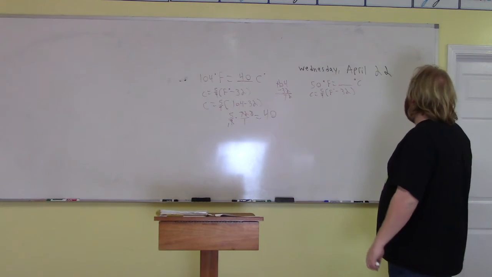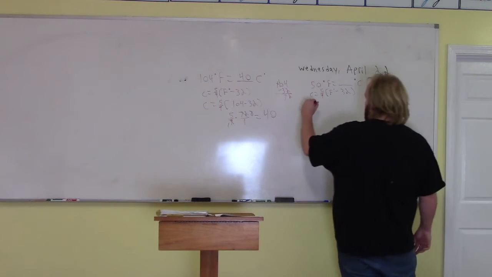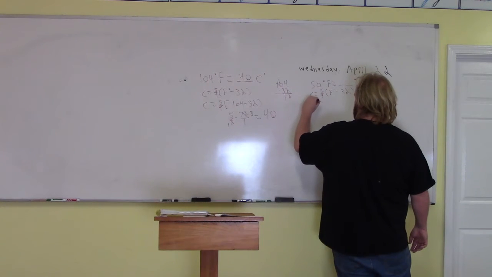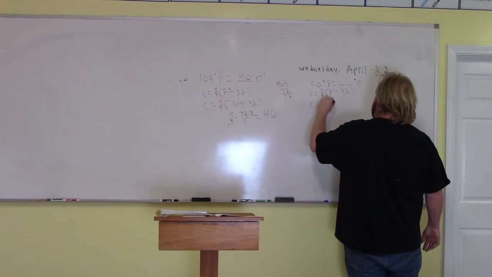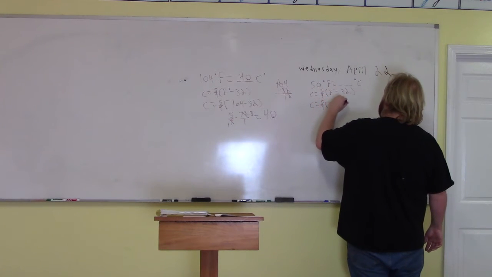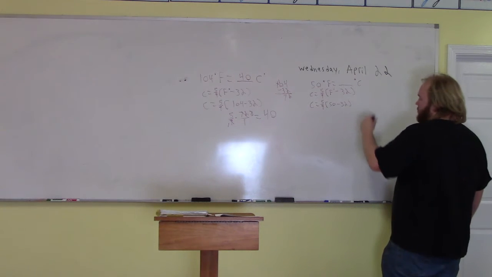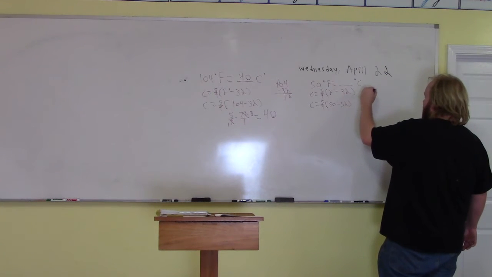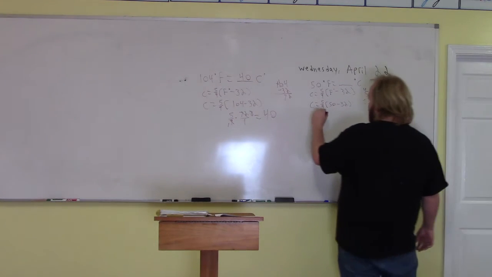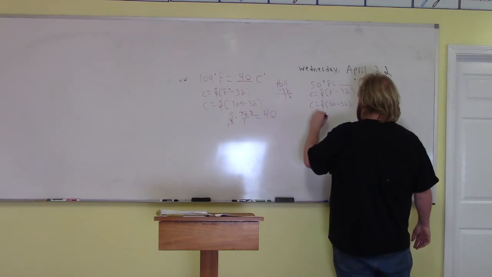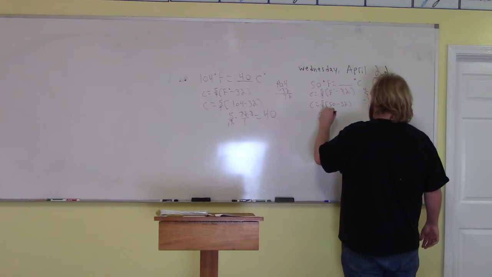So what's our Fahrenheit? Today it's 50. So we've got C equals 5/9 times 50 minus 32. We'll do the little side subtraction over here. 50 minus 32, of course, is 18. So we end up with 5/9 times 18 over 1.